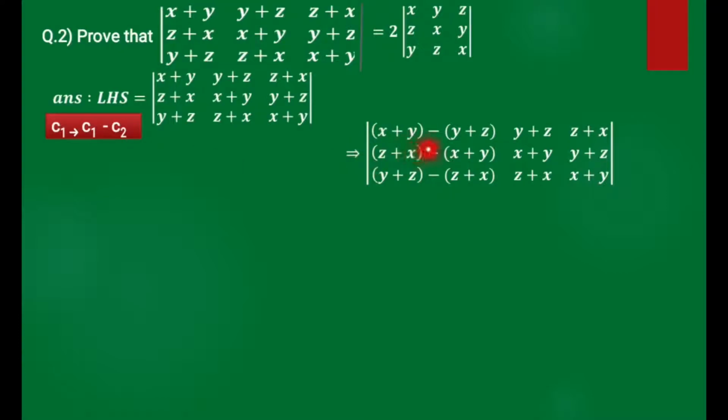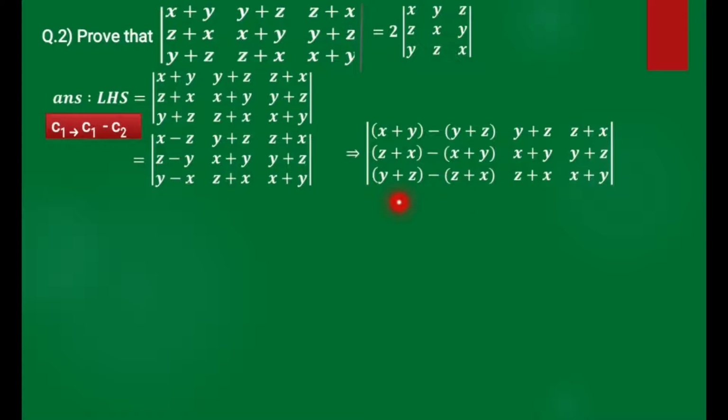Now see here, when we multiply by minus sign to this second bracket, here y gets cancelled and we write x minus z. So we write here elements of first column as x minus z. Then for this second, z plus x minus x plus y, here plus x minus x gets cancelled, so we write here z minus y.